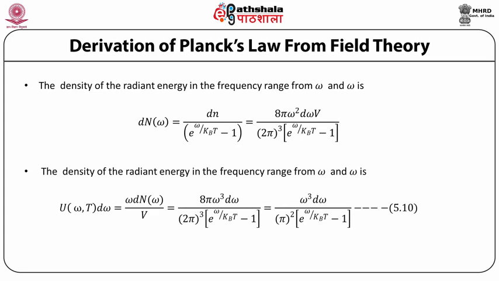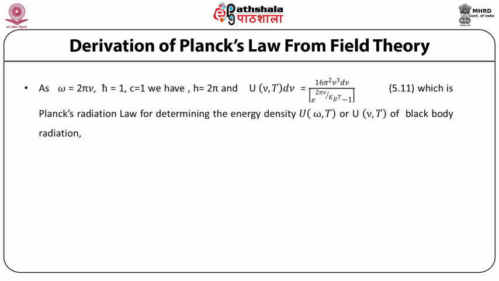The density of radiant energy in the frequency range between omega and omega plus d omega, therefore, is u of omega, t d omega, which is equal to omega into dn omega divided by V, which is 8 pi omega cubed d omega divided by 2 pi cubed into exponential omega by kBt minus 1, which is equal to omega cubed d omega divided by pi squared into exponential omega by kBt minus 1.